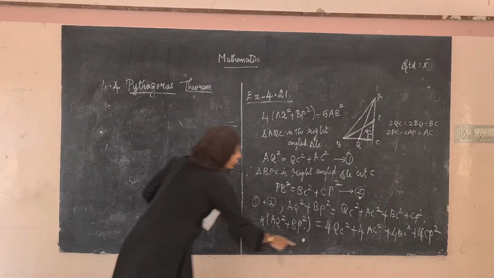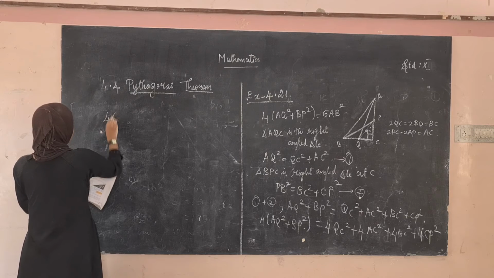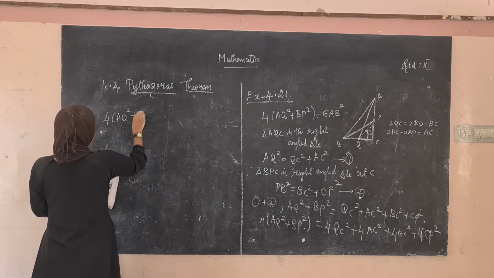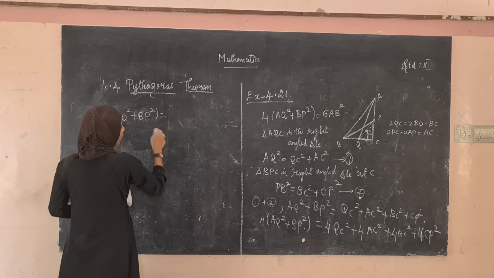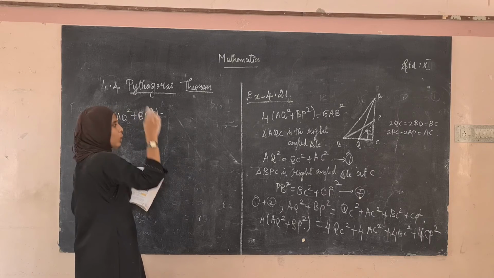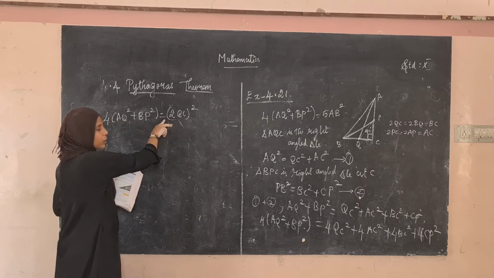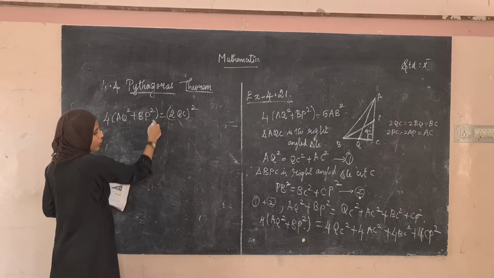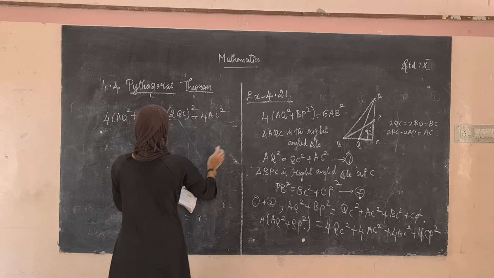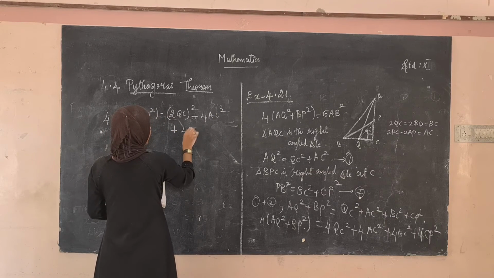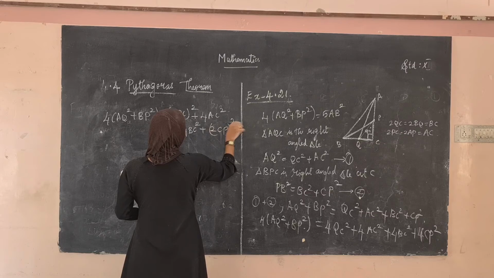Therefore, see here, QC we have. So what we can write is 4 into (AQ squared plus BP squared) is equal to, 4 QC square we can write as (2 QC) the whole square. Now you square, that is 4 QC square. Plus 4 AC squared plus 4 BC squared plus, and again 4 CP square we can write as (2 CP) the whole square.